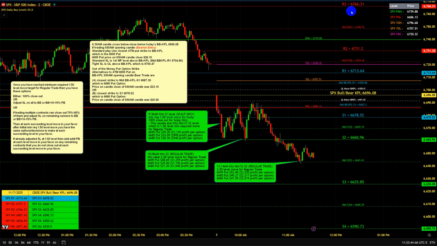All of the line labels are controlled by groups. For example, all of the main levels, the bull bear key price level, the R1 through R6, and S1 through S6 are a group. All of the midpoint levels are a group. All of the QL levels are a group.